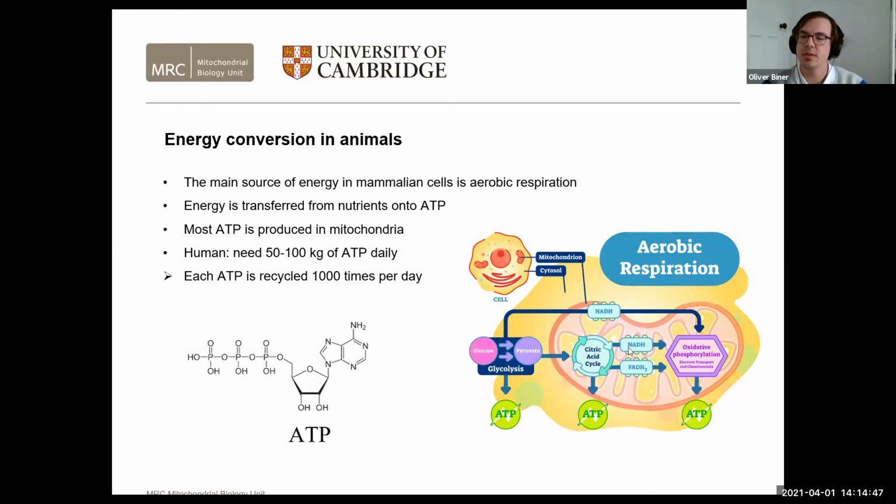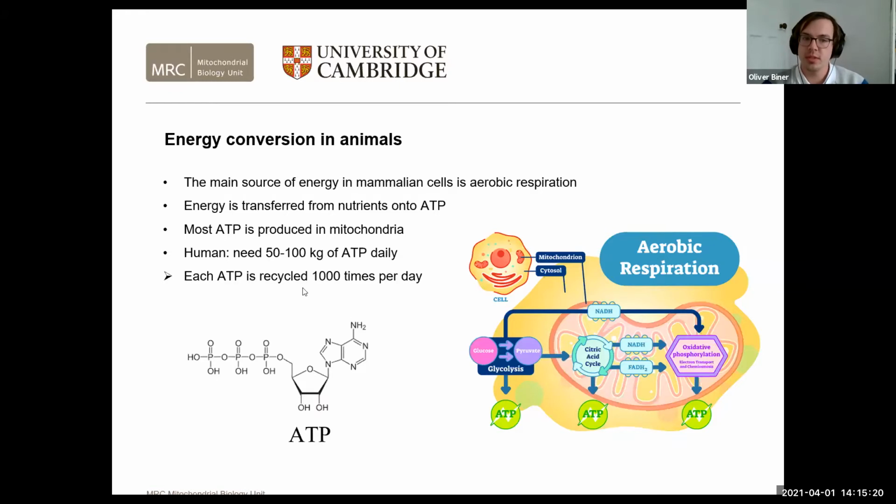These electrons are then fed into a process called oxidative phosphorylation, or the electron transport chain, and there the electrons are converted into ATP. And ATP is the energy currency of cells and then drives all other biochemical reactions within the cell. So if we want to produce synthetic cells, it will be very crucial to produce ATP.